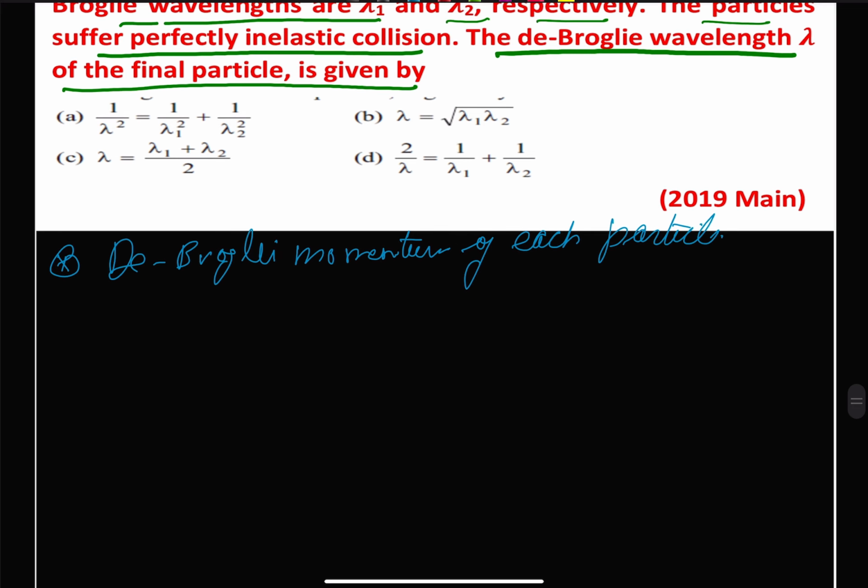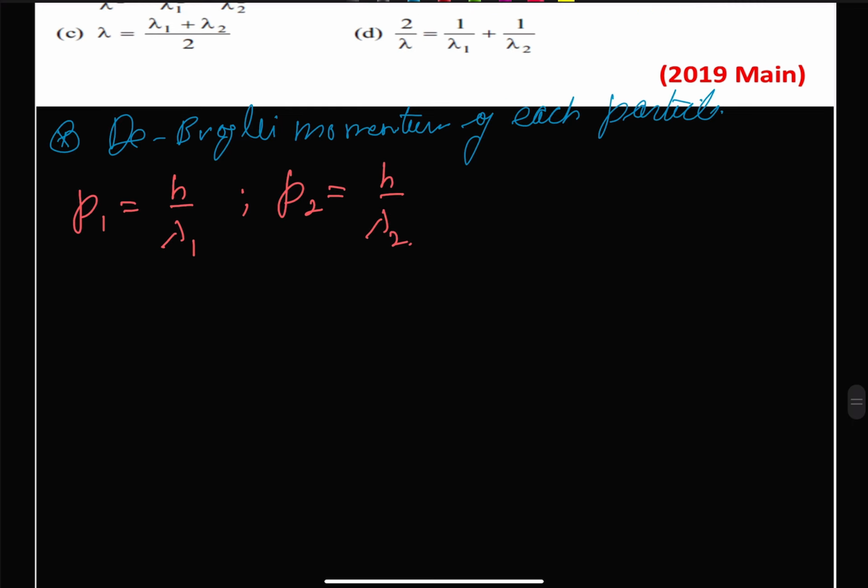So let us write the momentum as P1 is equal to h upon lambda 1, and P2 is equal to h upon lambda 2, and the particles are moving at right angle.